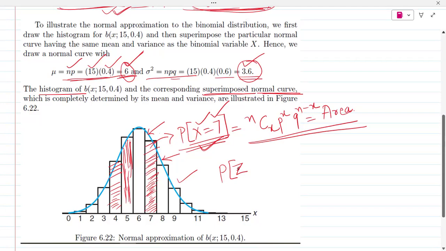It is the area under this one. It is z. Okay, this I will discuss in the next one, don't worry. So here basically we have this graph, which is the superimposition of the normal curve and the histogram, which represents the binomial distribution.